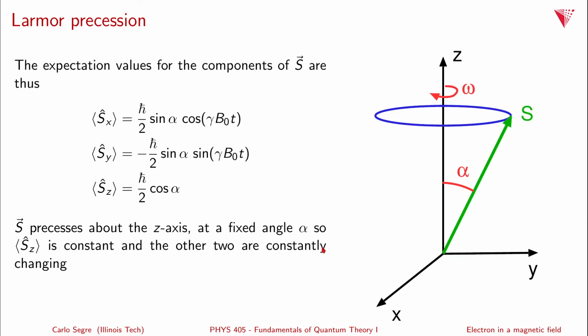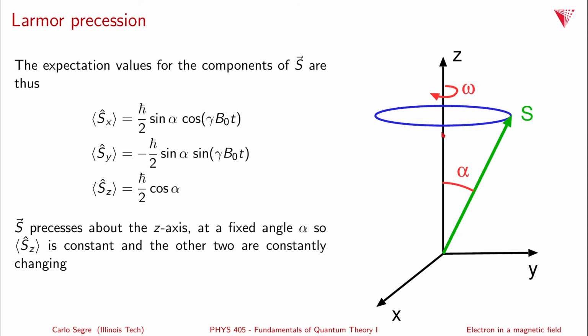Well, what does that look like? It looks like something like this. Alpha is the angle from the z-axis, and so s times the cosine of alpha is merely the projection of s onto the z-axis. The rotation frequency omega is just gamma times b sub 0, and the y component looks like a sine, so it's rotating around this.